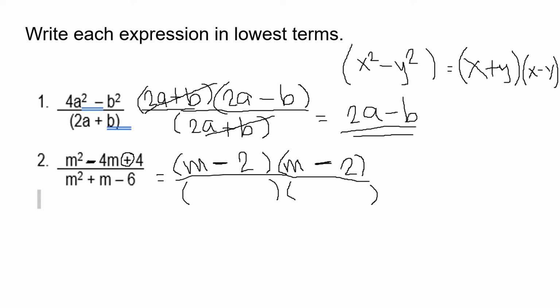Next, sa denominator natin, m squared plus m minus 6. Negative this time ang ating last term. Negative. Pag negative, gagamit tayo ng different sign sa ating factor. Automatic, isa ay plus, isa ay minus, or positive and negative. The factor of m squared is m times m.